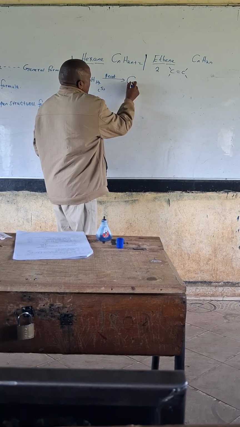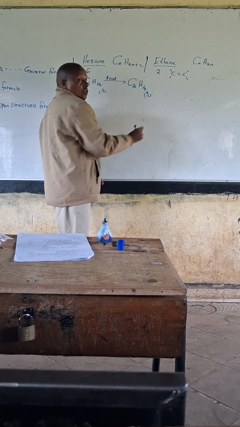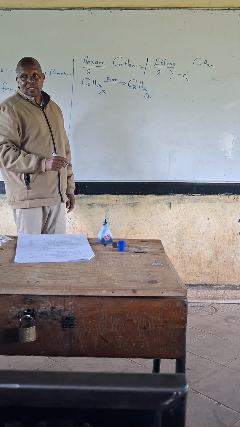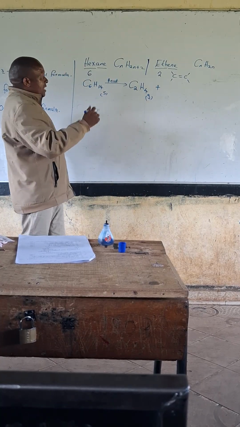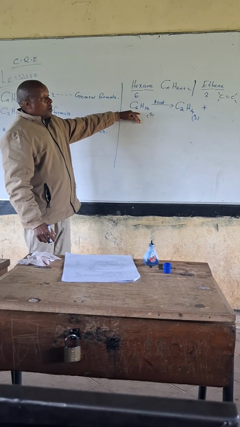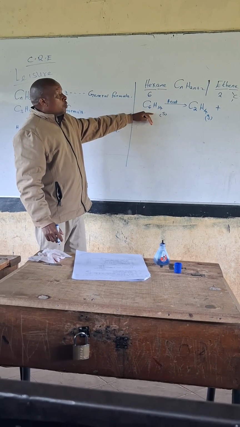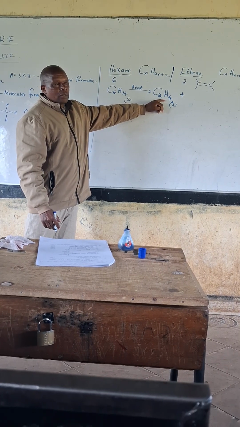So that is one of the products here, C2H4. It is a gas. So we write gas like that. Plus another product. How will we get the other product? We take the molecular formula of hexane and subtract the molecular formula of ethene.